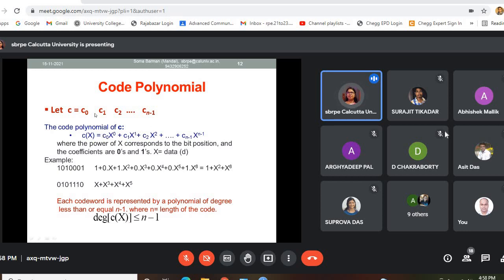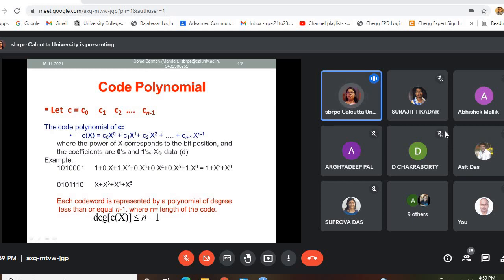So the code polynomial can be written as C0 x^0 plus C1 x^1 plus C2 x^2 up to C(n-1) x^(n-1).